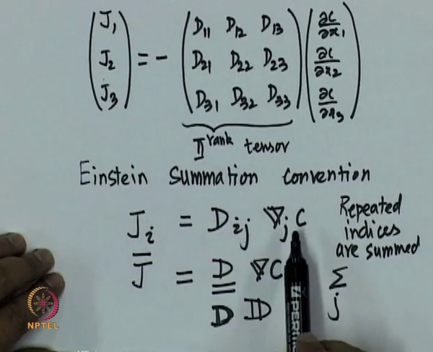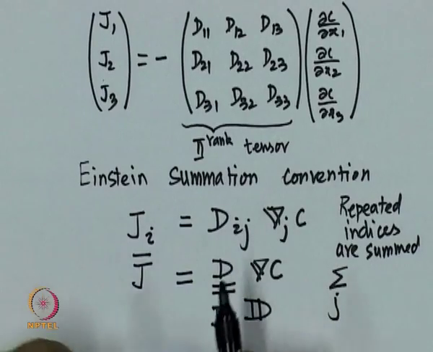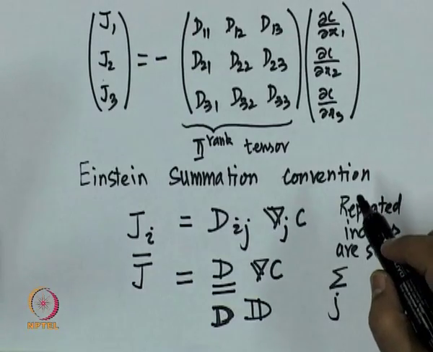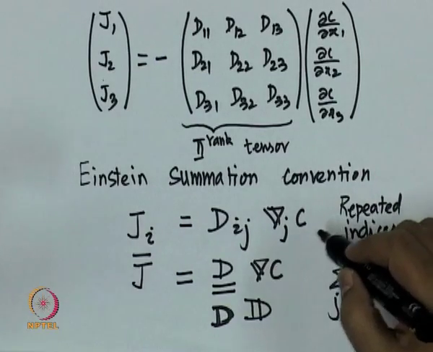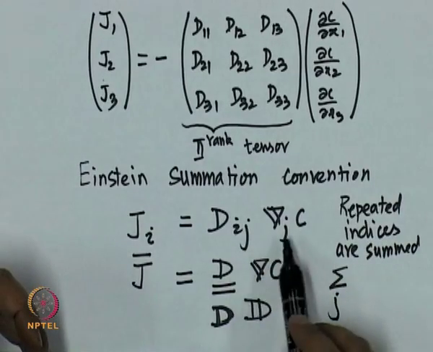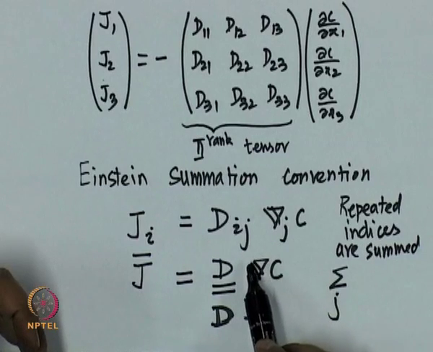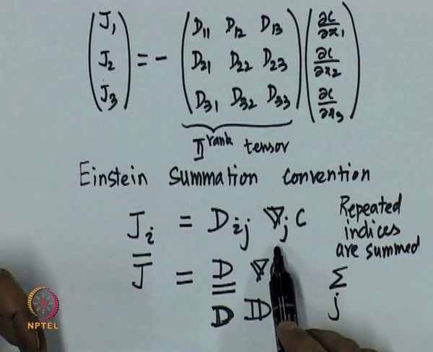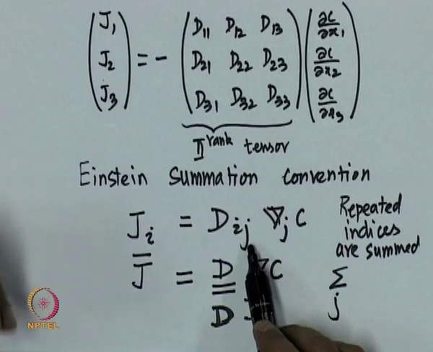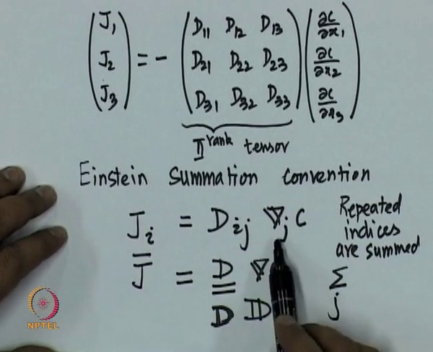or tensors to vectors. So, it is always a good idea, you always check dimensions of quantities in an equation when you write this type of expressions, to see that the free indices match and any repeated indices are summed, and the summed indices are basically dummy. Okay. The j is a dummy.